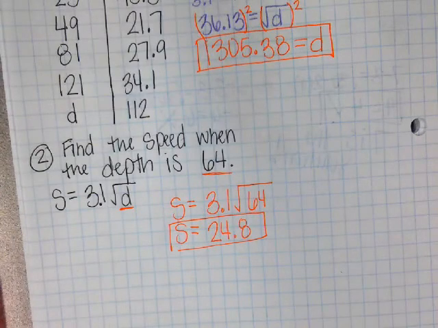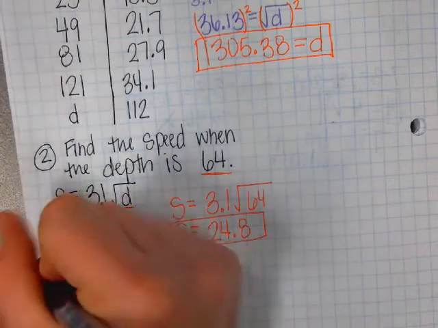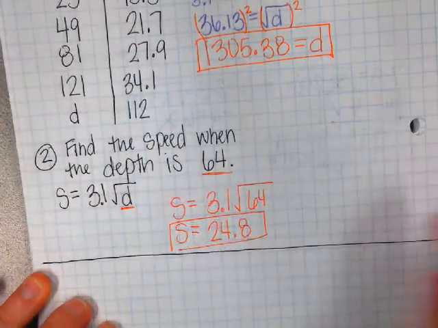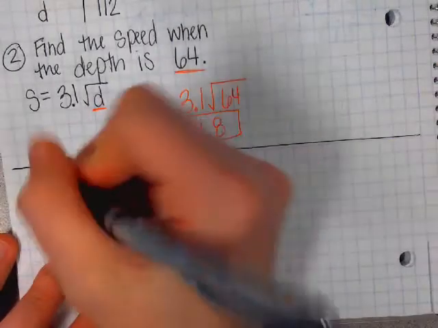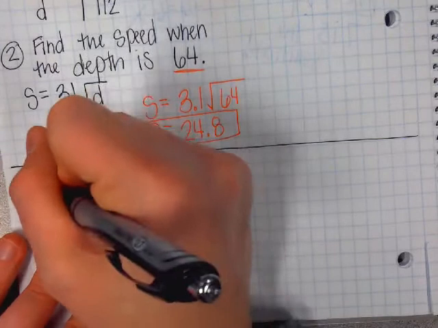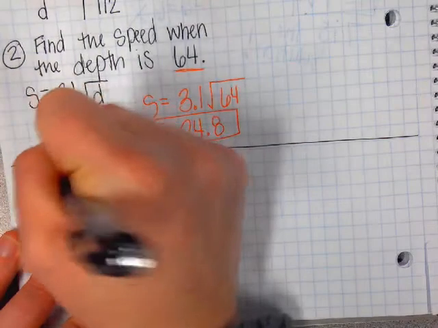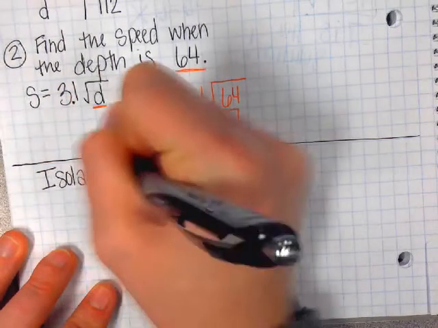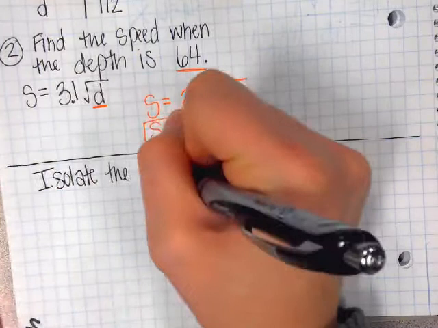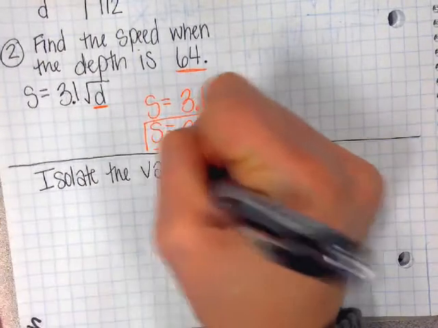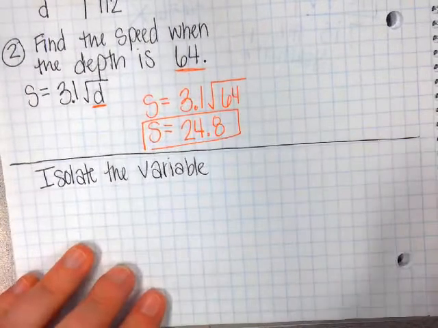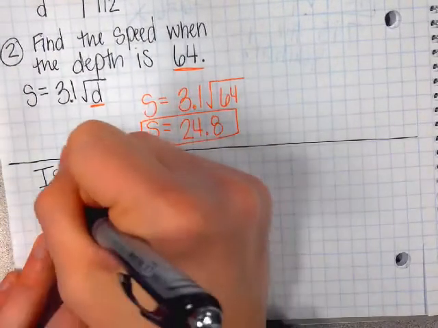Okay. The last thing that we need to cover is when I give you a formula that has more than one variable. This is called isolating the variable.